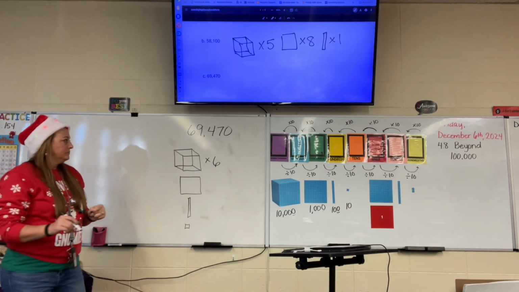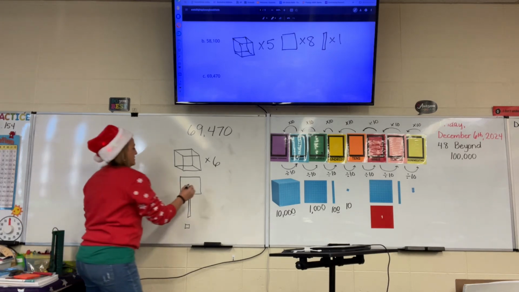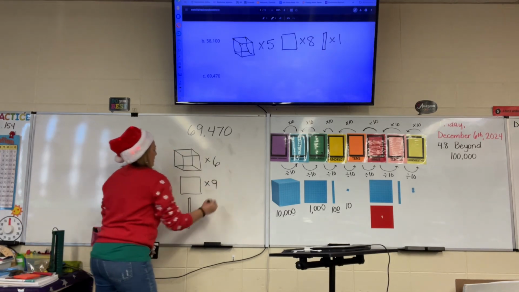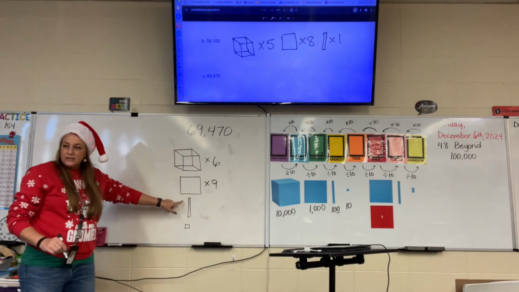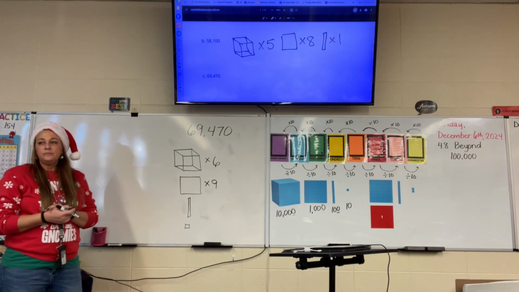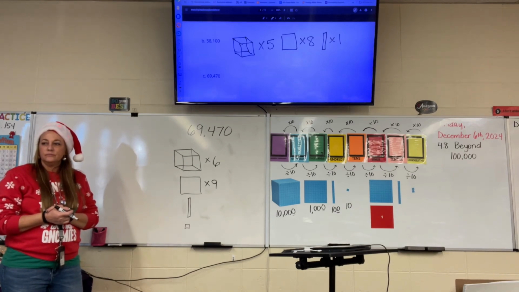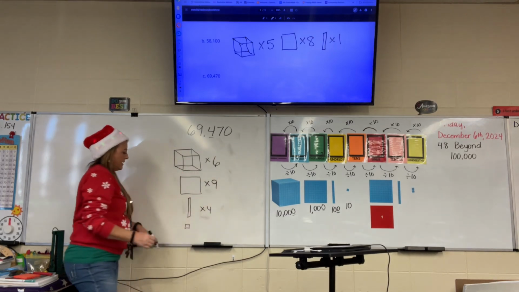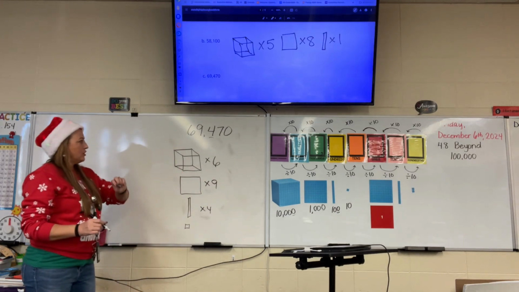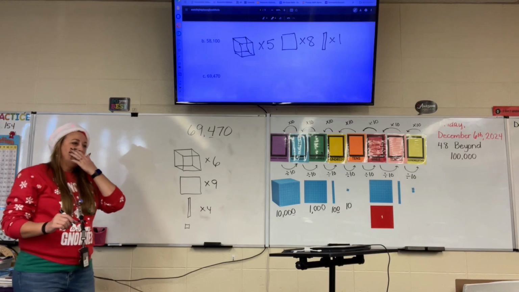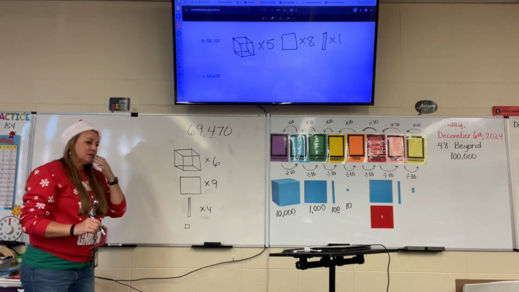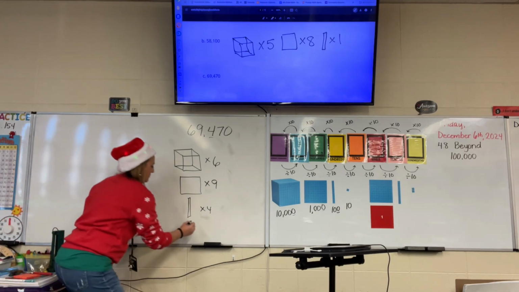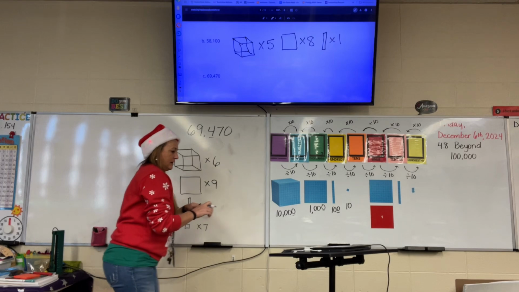Emma? 9, that's correct. Harbor, how many of the hundreds? 4. Yep, because in our hundreds place we have a 4. And how many of the little tiny cubes that are worth 10? Fisher? 7. Very good.